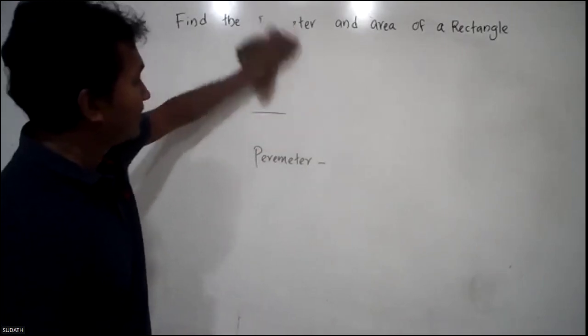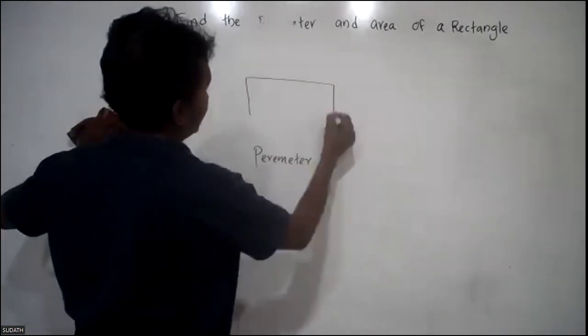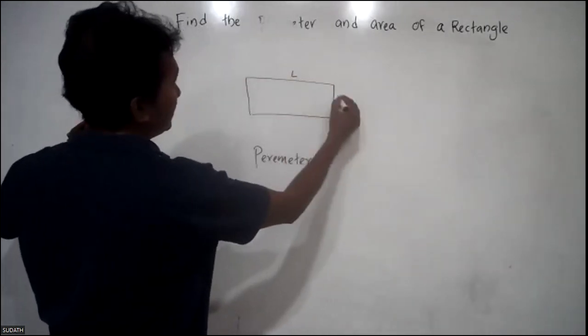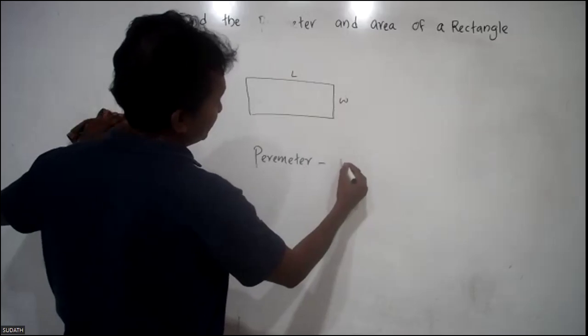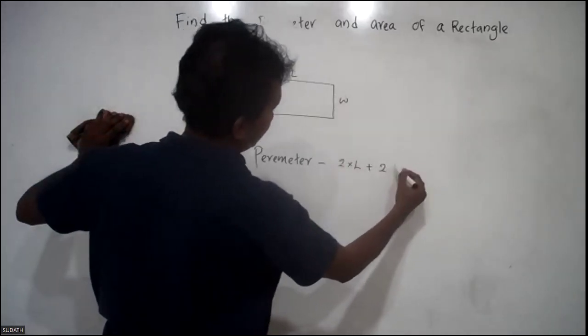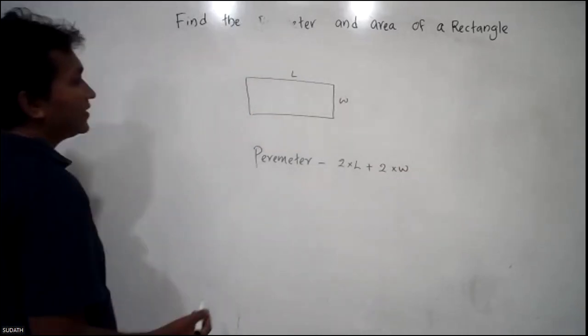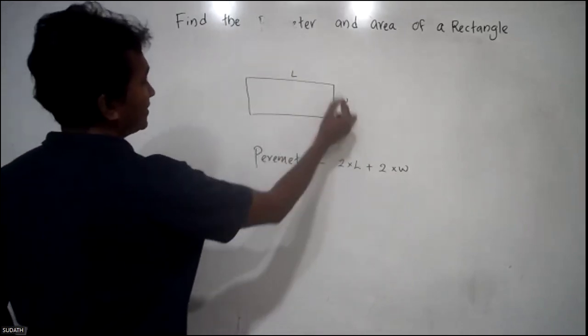And 2 times of length and 2 times of width. This is length, this is width. So 2 times of length plus 2 times of width. That is how we find the perimeter, right?